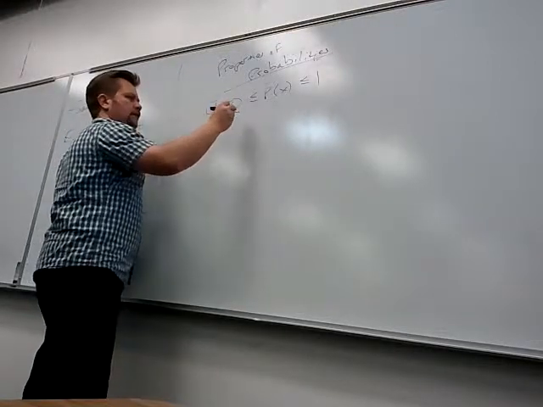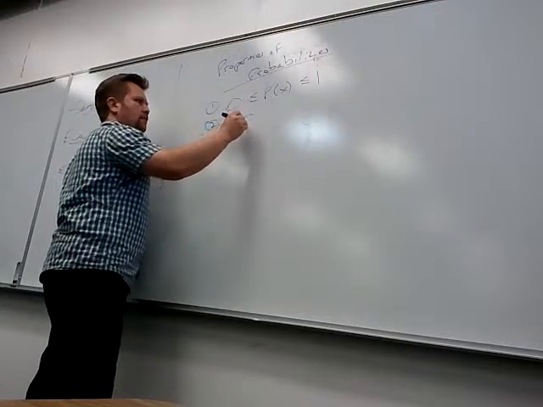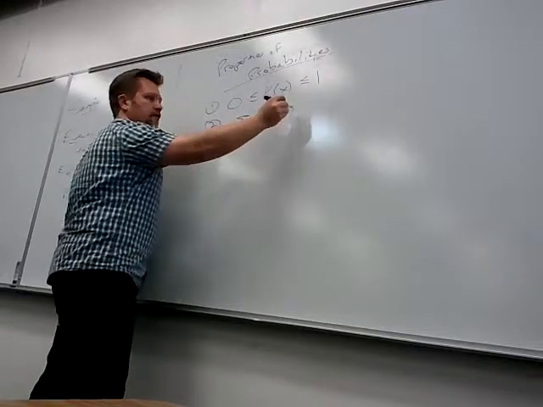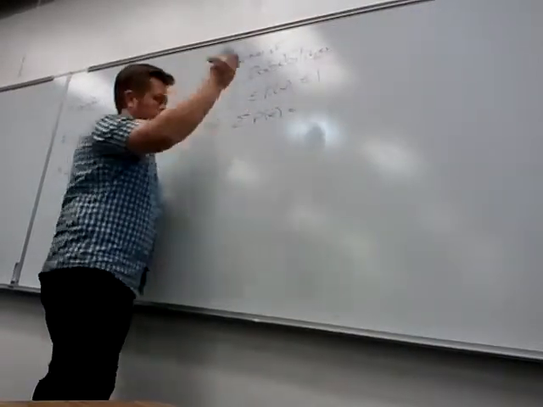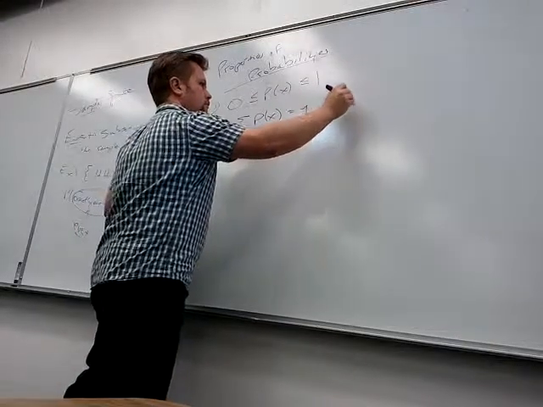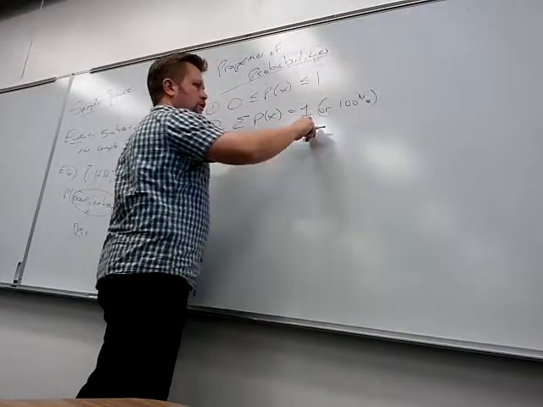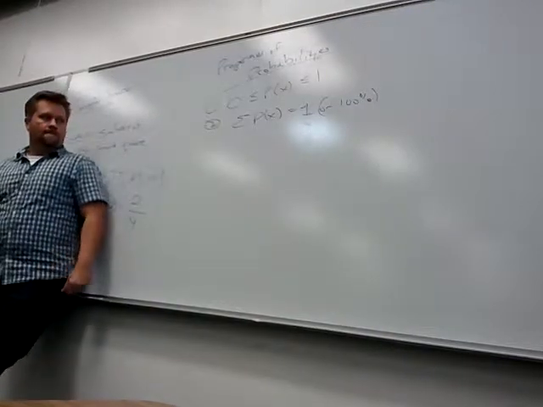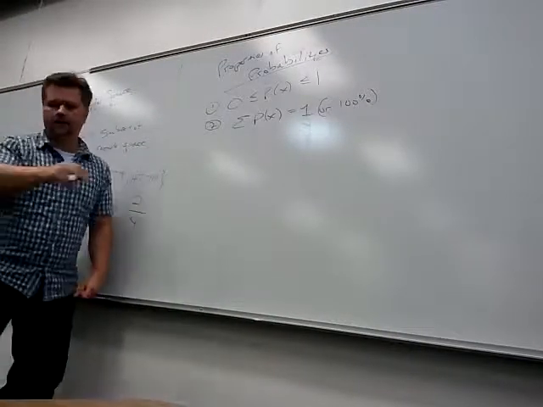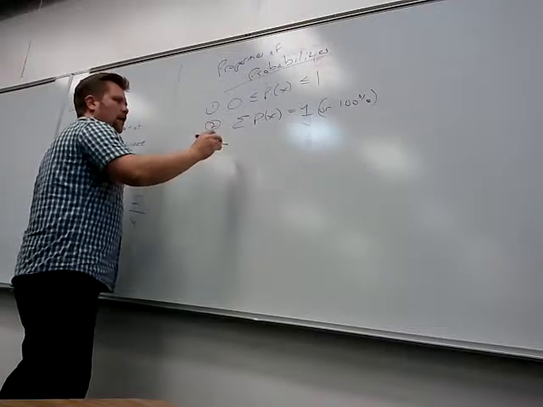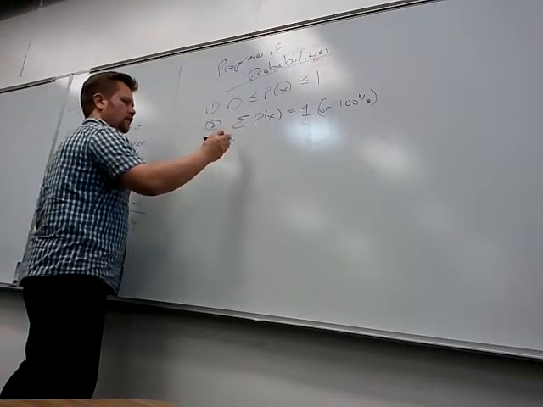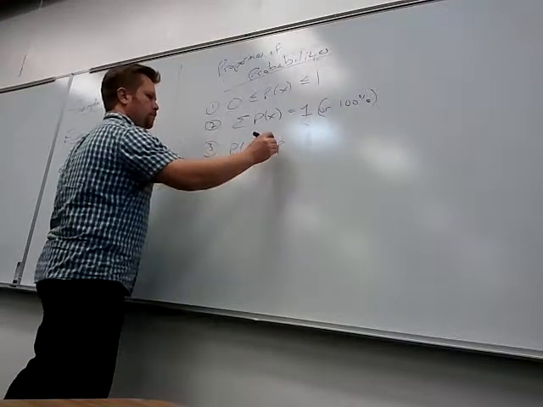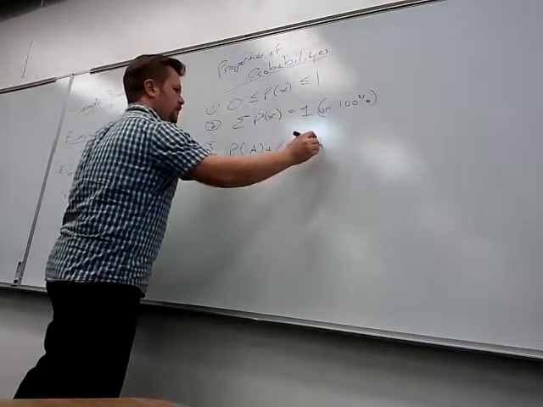What's the probability if you add them up? Add up all the probabilities, and you of course have to get 1 or 100%. But we'll be using decimals mostly. And then, just to get a little ahead of this section, what's the probability of an event plus the probability of not that event?